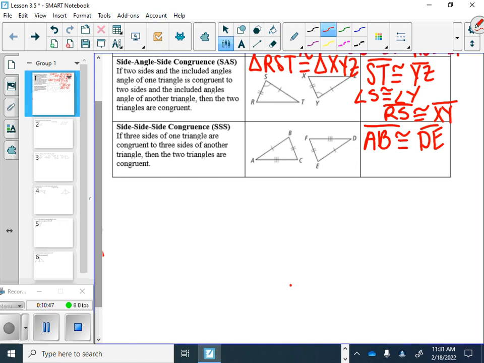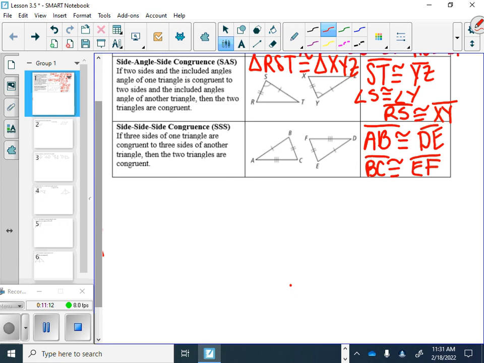Which one is congruent to BC? Not FE. There you go, EF. Because B is between the first and the second tick mark, so I need to start off with the first and the second tick mark there.